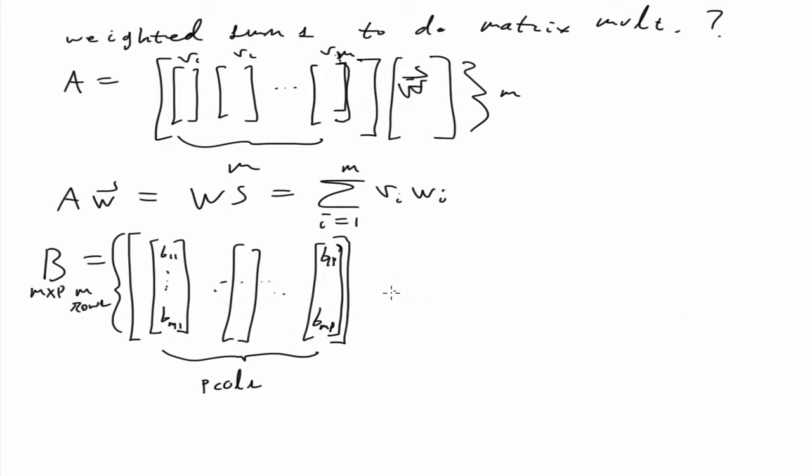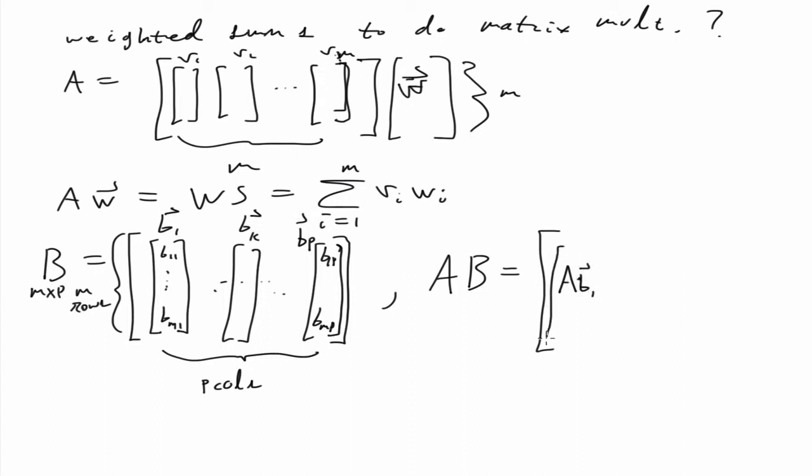All right, well now, A times B is going to be equal to A times, and I'm going to call this vector here B1, the vector, then some in the middle, BK, all the way to BP. This B1, the vector, will give the first column in my result.